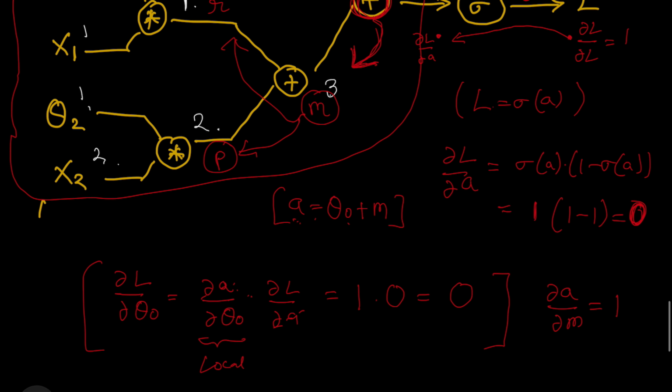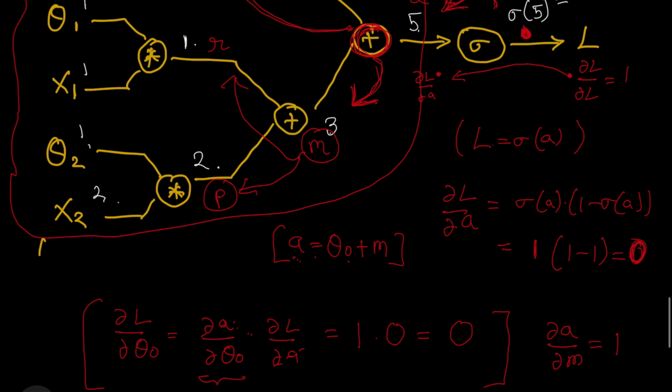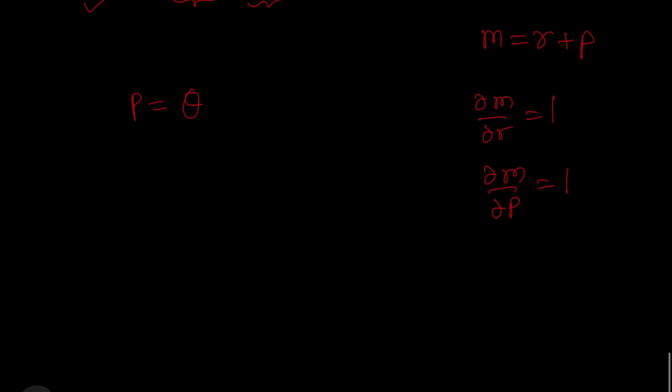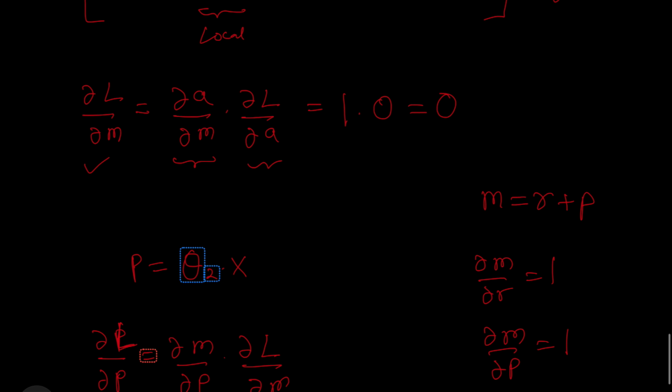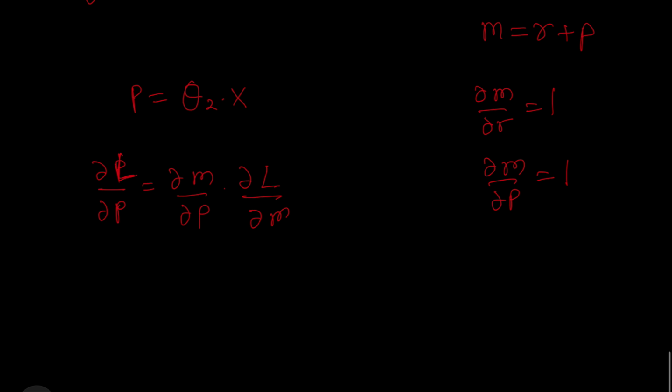Okay, we were here. So now we can simply calculate. P is equal to theta 2 times X. So del L over del P would be del M over del P times del L over del M. So we calculate the local gradient and we multiply by the global gradient.